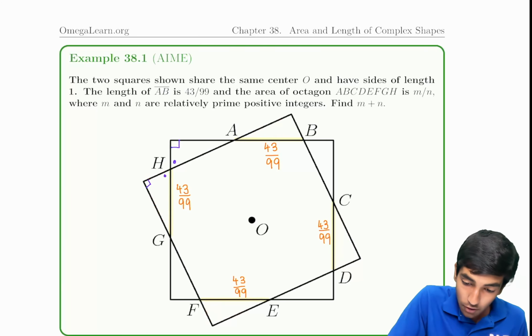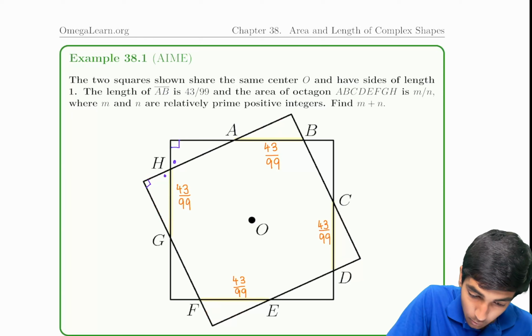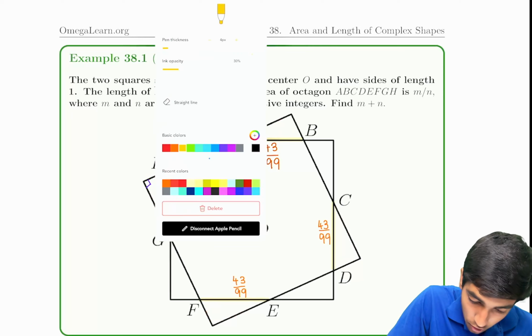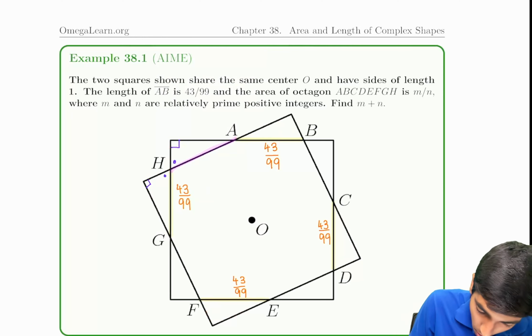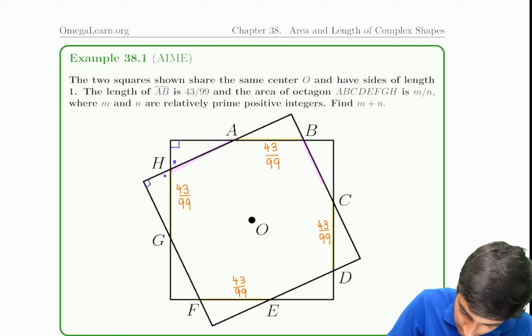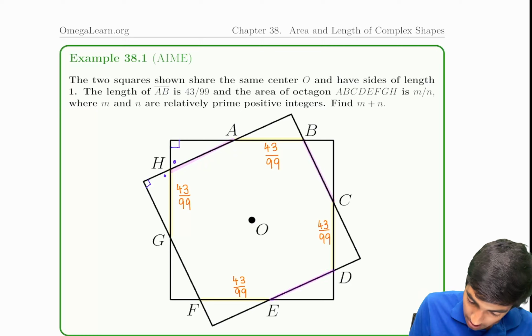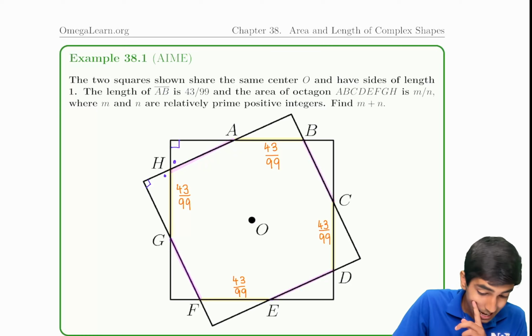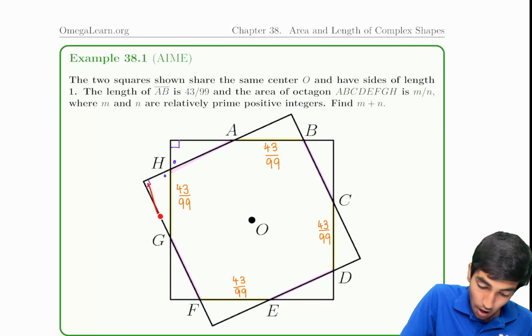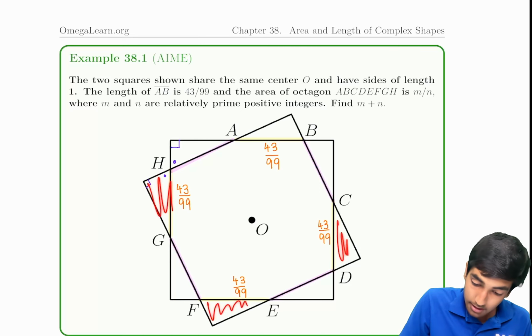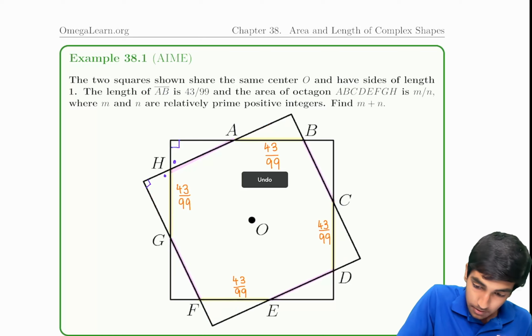And just like how we found that all those yellow lengths are equal, we also know that all of these lengths are going to be equal by the same symmetry argument. And in addition, we know the area of these 4 triangles is the same as the area of these 4 triangles.